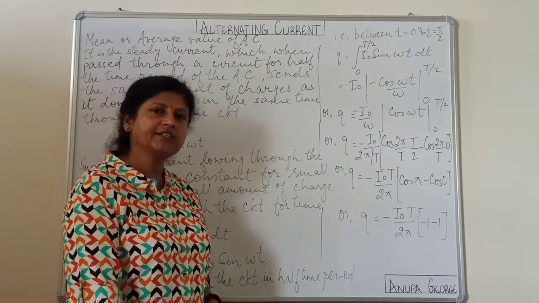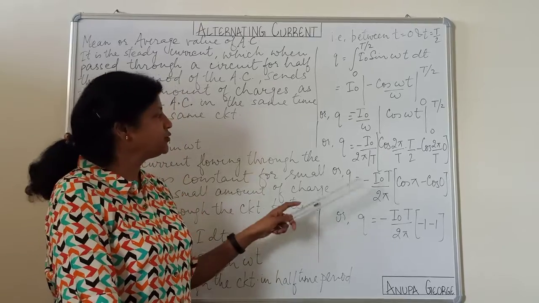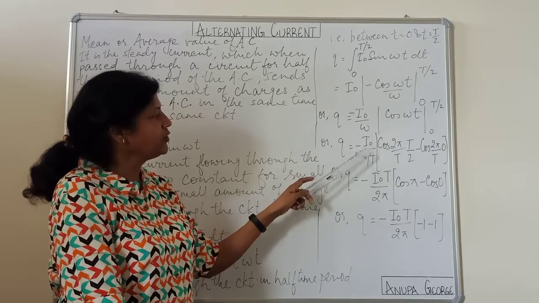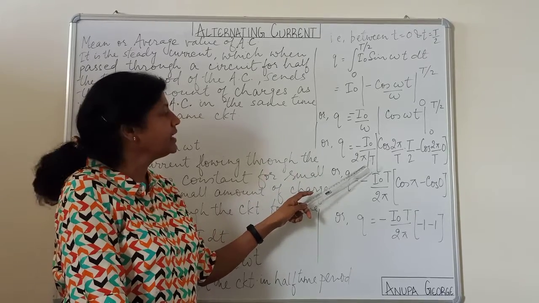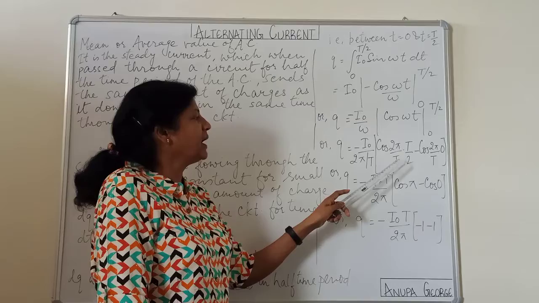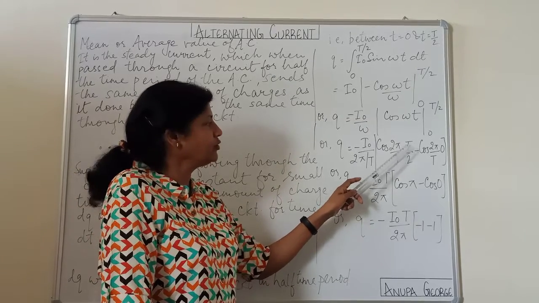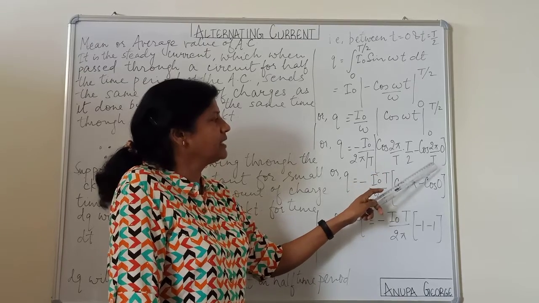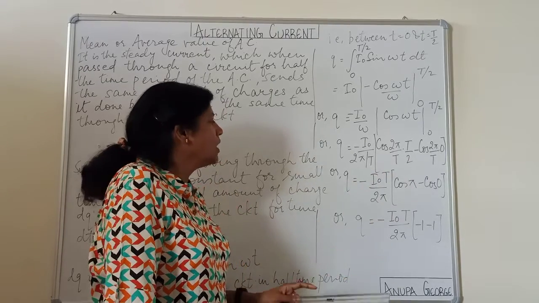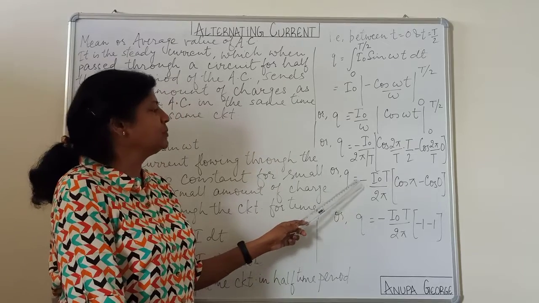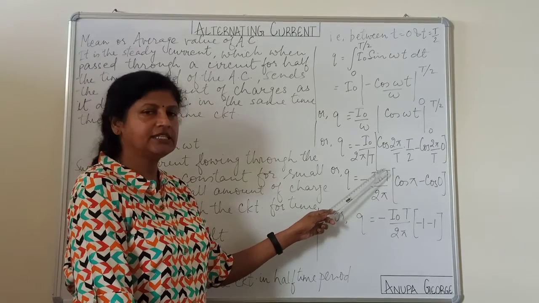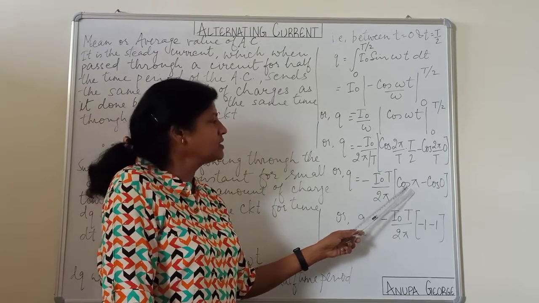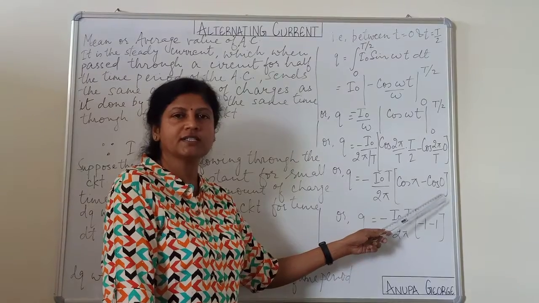Since omega is 2 pi by T, substituting the value of omega, we get minus I naught upon 2 pi by T, then cos of 2 pi upon T into T by 2 minus cos of 2 pi by T into 0, or q is equal to minus I naught T upon 2 pi, in brackets cos pi minus cos 0.